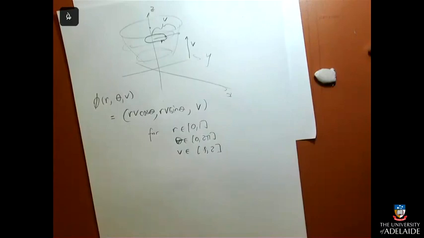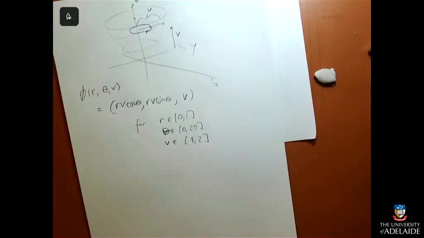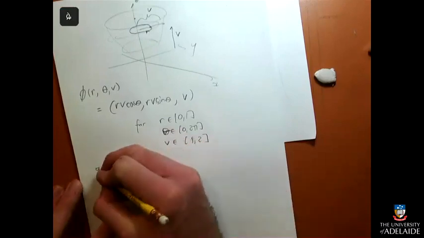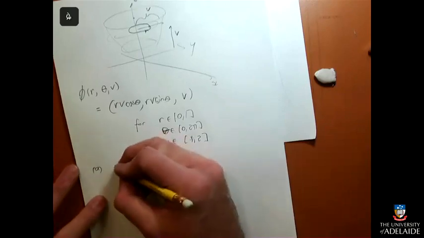Okay, cool. Sweet. I might actually do the questions now that I understand what is going on here. Prove that the Jacobian determinant of phi at that is equal to v squared r. Okay.